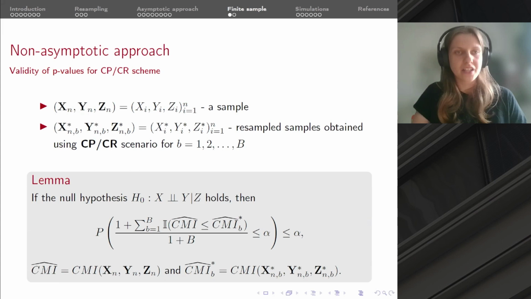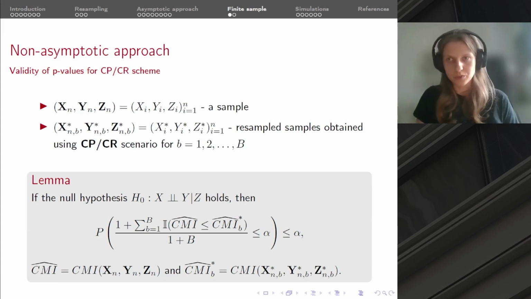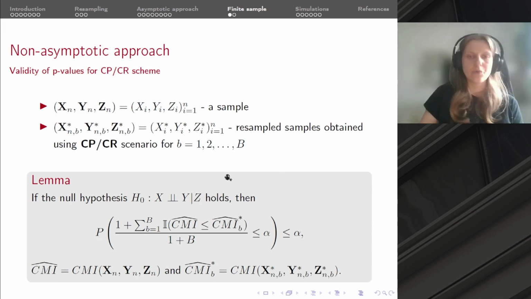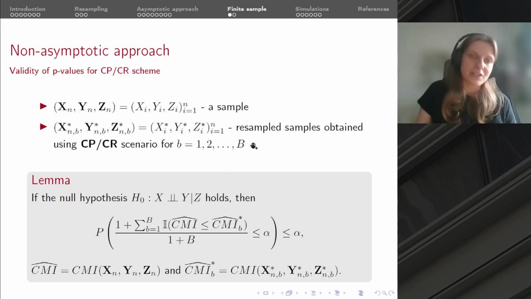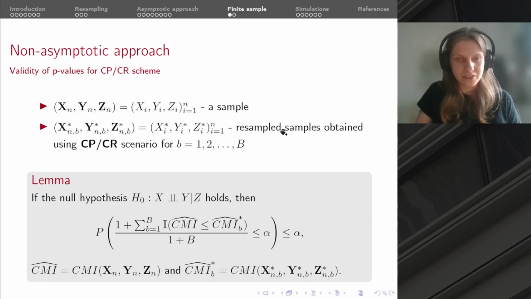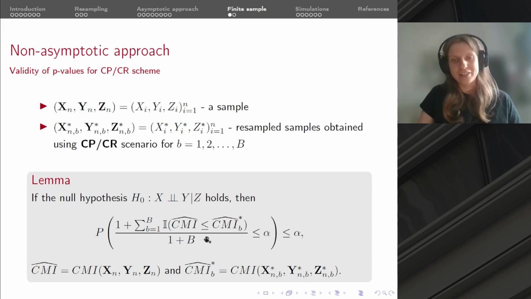Okay, and now the non-asymptotic viewpoint. So this is a completely different viewpoint on that problem. Now we also have a sample, and we have big B resampled samples. And if the null holds, that lemma says that p-values obtained in the following way are valid p-values.